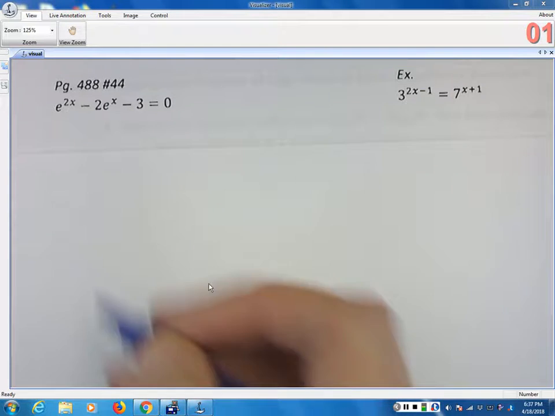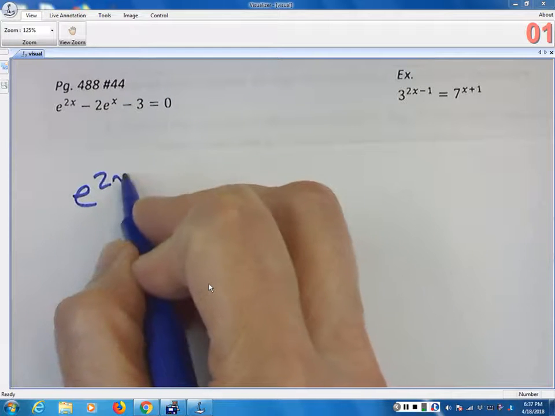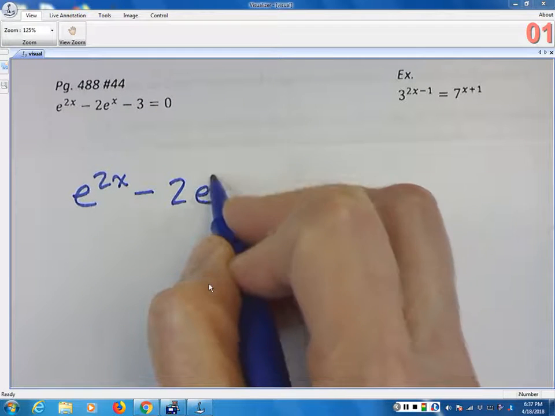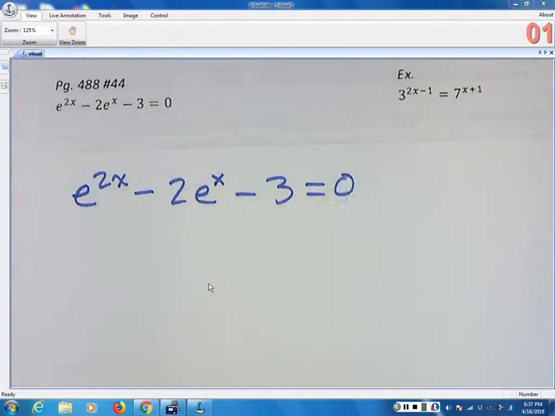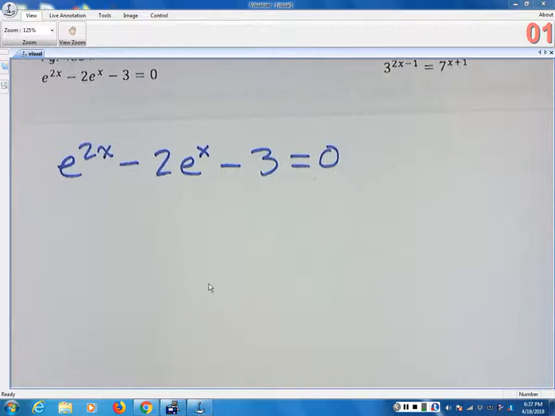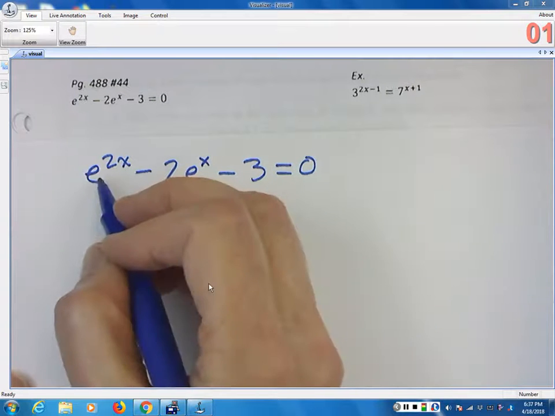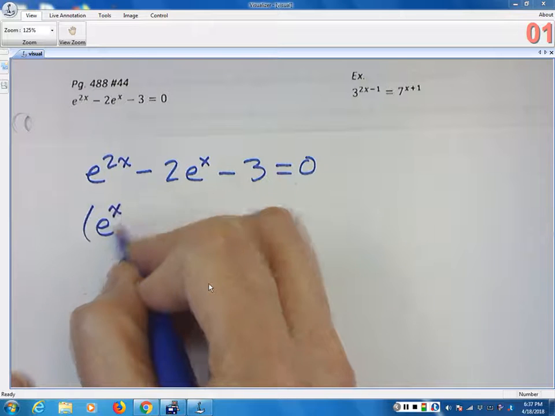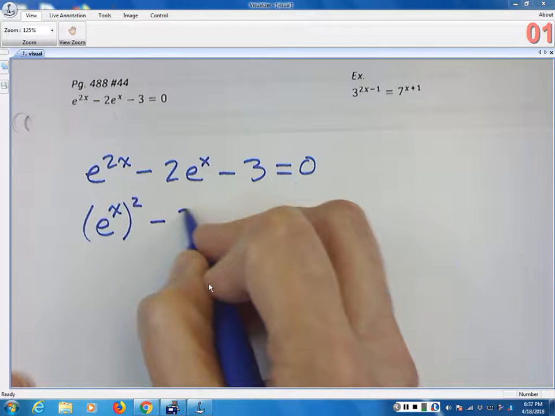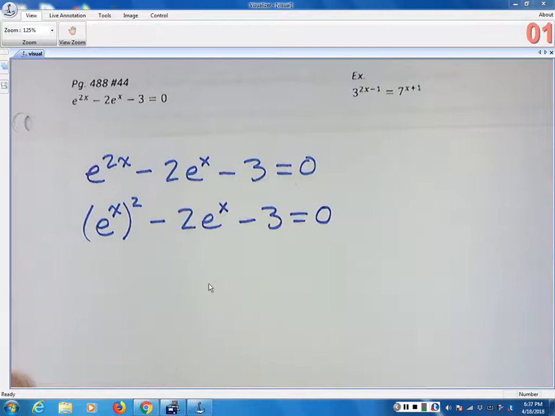So here's an equation. It's e to the 2x minus 2e to the x minus 3 equals 0. You can rewrite the e to the 2x as e to the x squared, and this is going to factor.